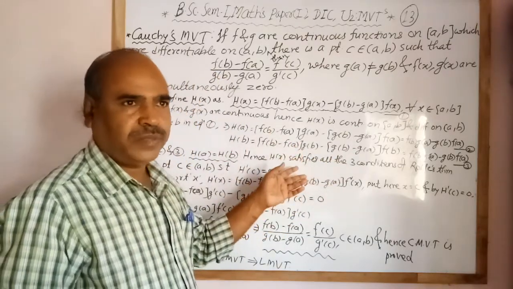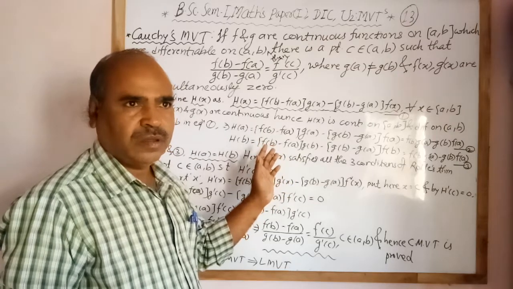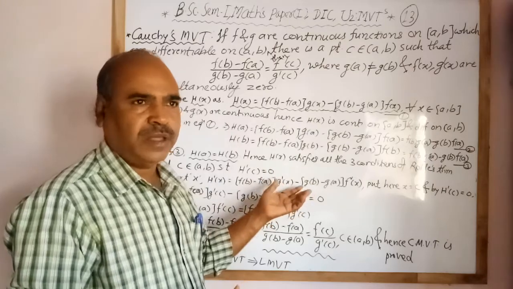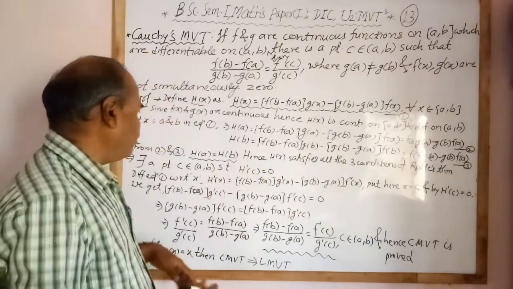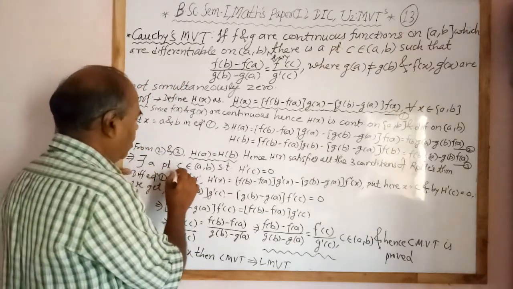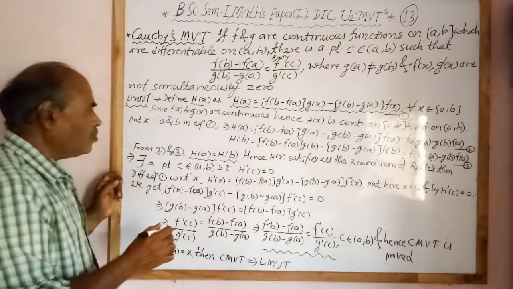You know Rolle's theorem has three conditions: f of x is continuous on the closed interval [a, b], it is differentiable on the open interval (a, b), and f(b) equal to f(a). Then we have f dash of c equal to 0. Therefore there exists a point c belonging to the open interval (a, b) such that f dash of c equal to 0.